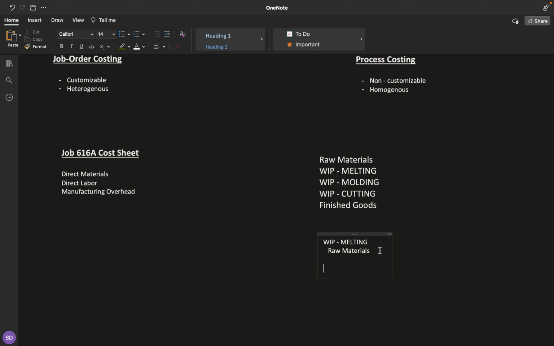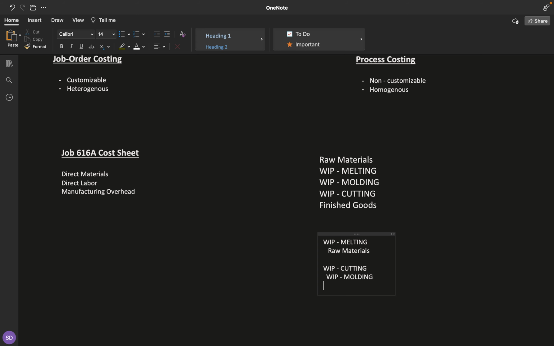And the same thing, if we move from work in process molding to work in process cutting, we would debit work in process cutting and credit work in process molding.